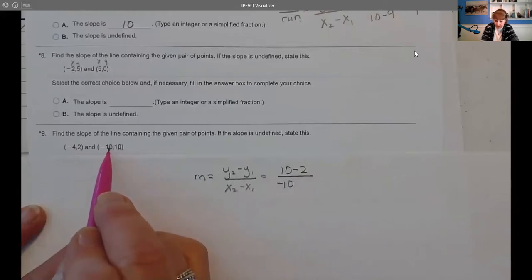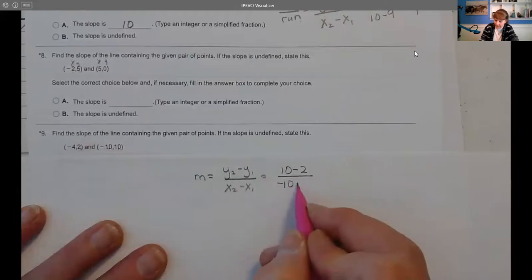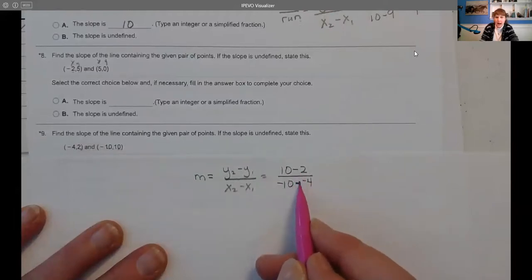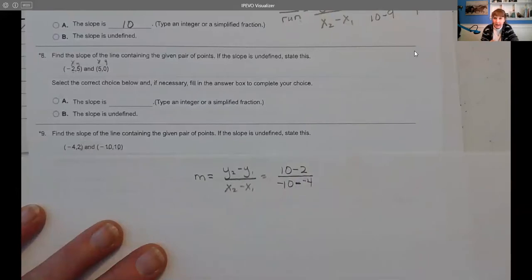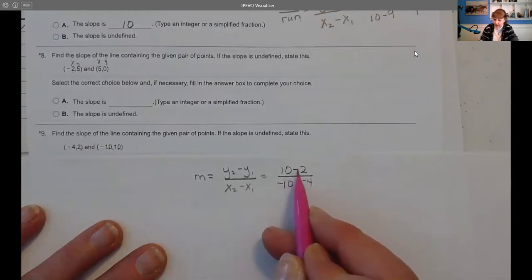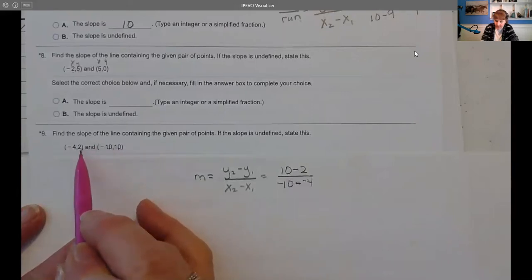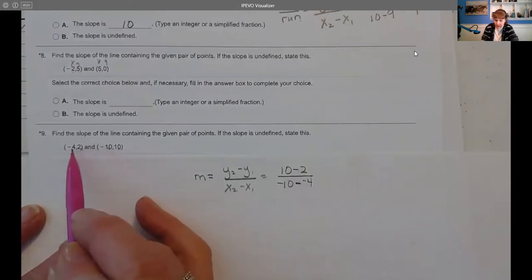So negative 10 minus a negative 4. You always have those subtractions stay. So it's the difference in the y's over the difference in the x's.